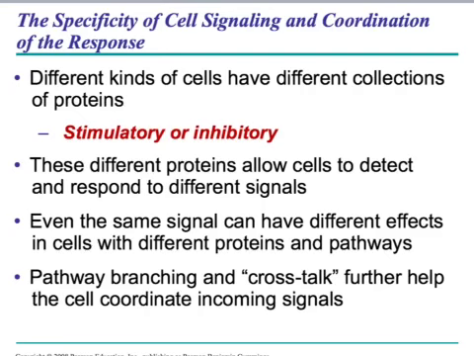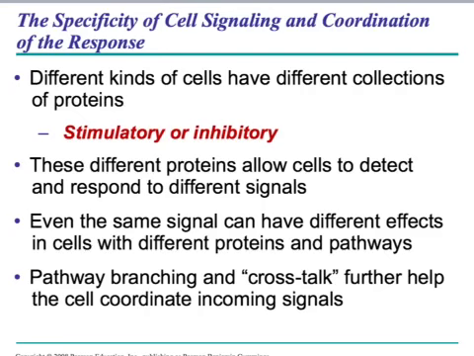Because don't think that this is one big coordinated effort in the sense that, okay, only the insulin signals are going to go out now. All right, now only the growth factor signals are going to go out. No, all kinds of random signals are always being sent to different cells. So the cells have to be able to interpret and detect what those different signals want them to do.